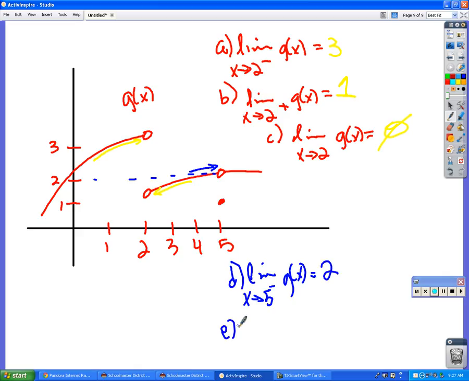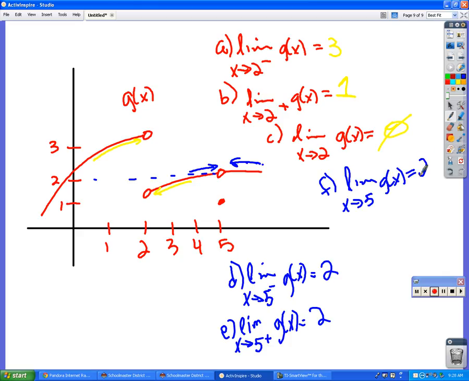What is the limit as x approaches 5 from the positive side of g of x? Same thing, right? Because these are both getting closer to the same y value. Okay? So that allows us to say what is the overall limit as x approaches 5. That one would be 2.